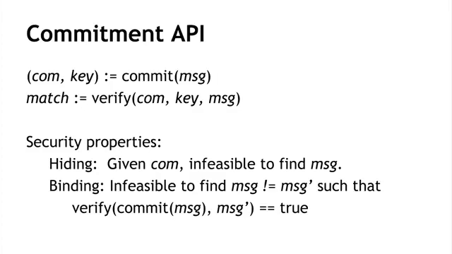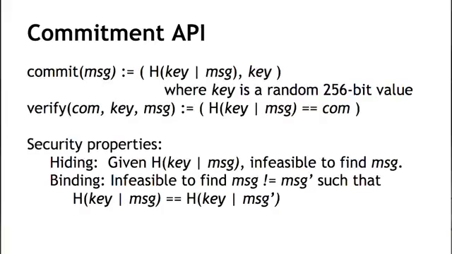Okay, so how do we know that these two properties hold? Well, first we need to talk about how we're going to actually implement commitments. In order to commit to a value message, we're going to generate a random 256-bit value and call it the key. Then, as the commitment, we return the hash of the key concatenated together with the message.